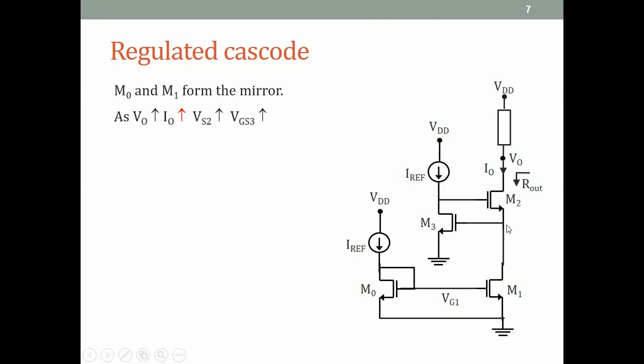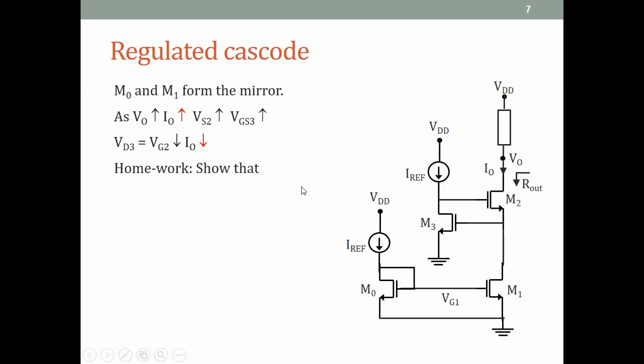So VS2 increases, VD3, which is equal to VG2, decreases, and therefore that causes a further decrease in the drain current. So the overall change in the drain current for a small change in VO is extremely small, and the output resistance will be extremely large.